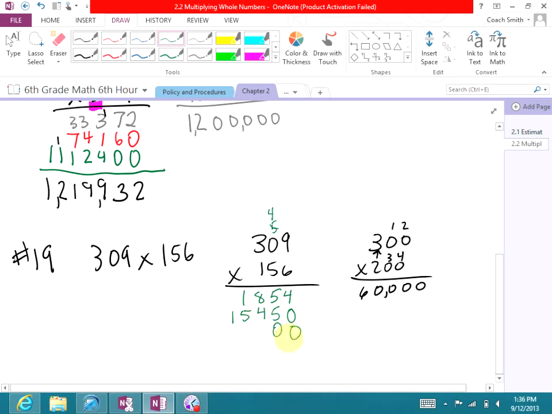Some of you are not doing that and you're losing track of your place value. Okay, so now you multiply 9, 0, 3. Okay, now I take it and go straight down. 4. 5 plus 5 is 10, so that's 0. Carry my 1.